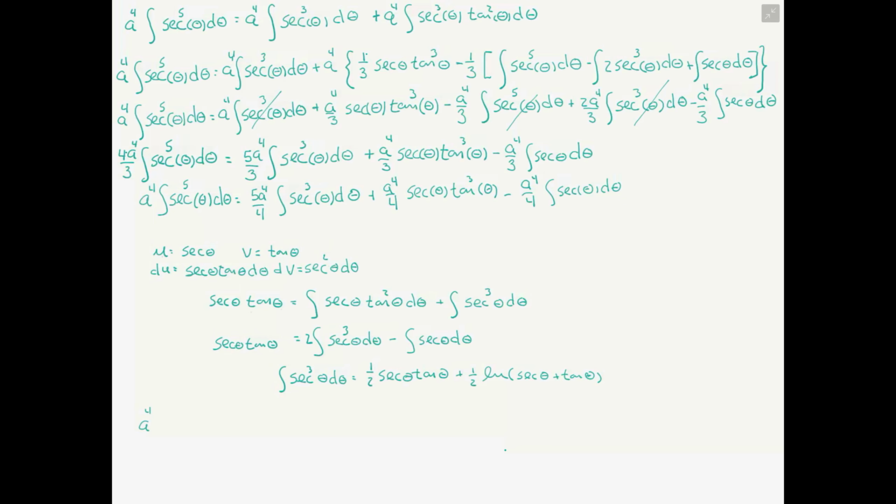And we put that back into our final expression, secant to the fifth theta d theta equals 1/2. Oh, but we have the 5/4 a to the fourth, so we have to make sure that we don't get our multiplier constants wrong.